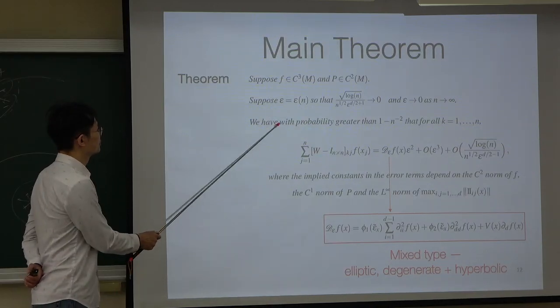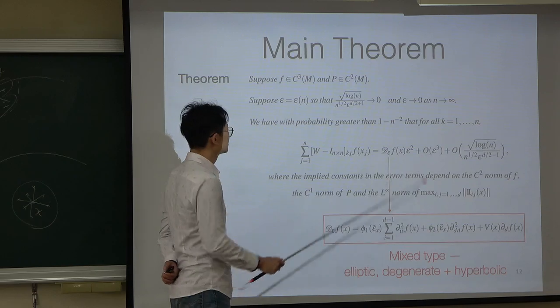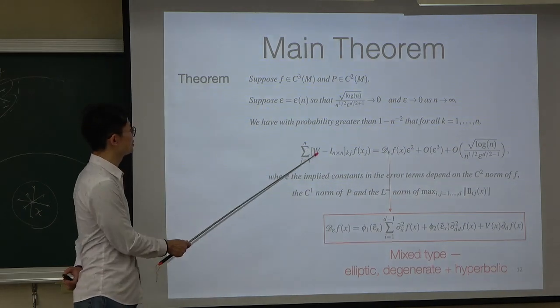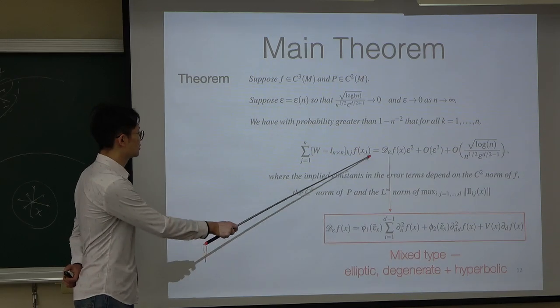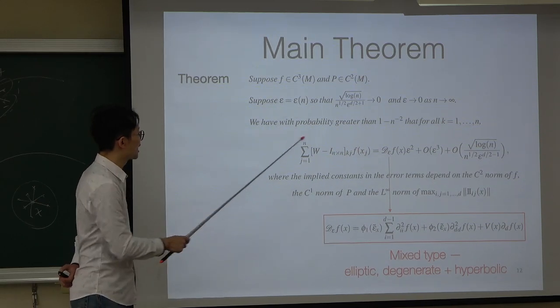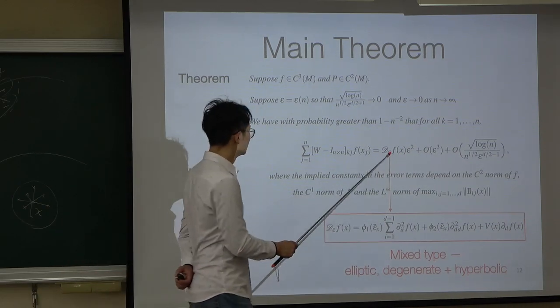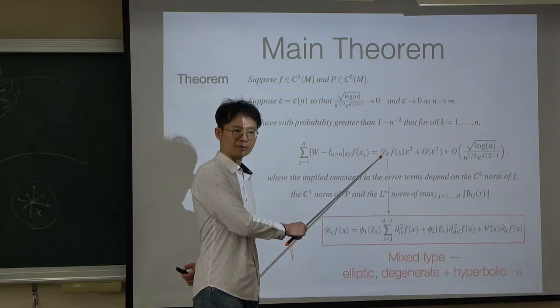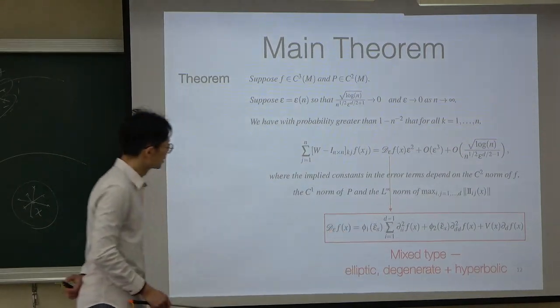Then we have, with probability greater than 1 minus n raised to minus 2, that the LLE matrix minus I, applied to F, and the summation over j, will approximate a differential operator, D epsilon, F, times epsilon squared, plus higher order errors.